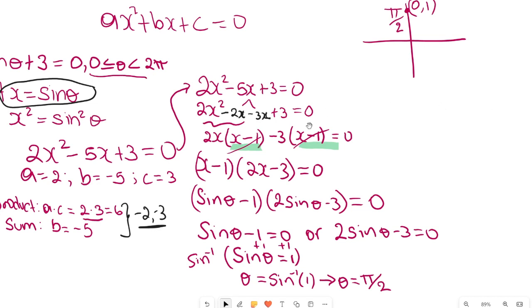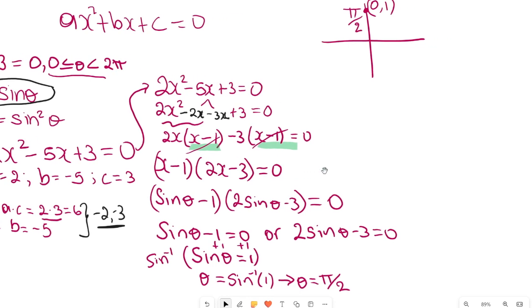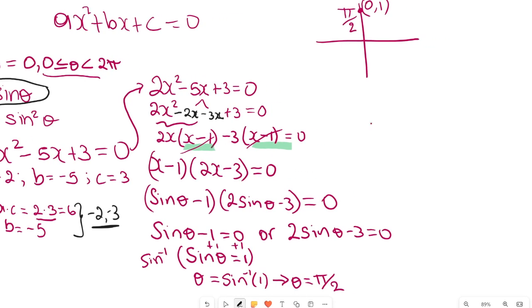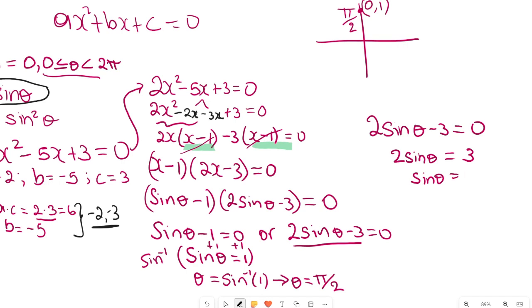Now let's look at the other solution. Here we have 2 sine theta minus 3 equals 0. This means 2 sine theta is equal to 3, and so that means sine theta is equal to 3/2.